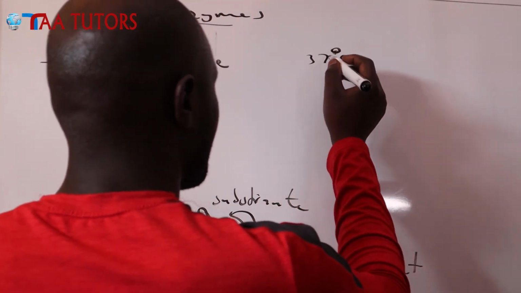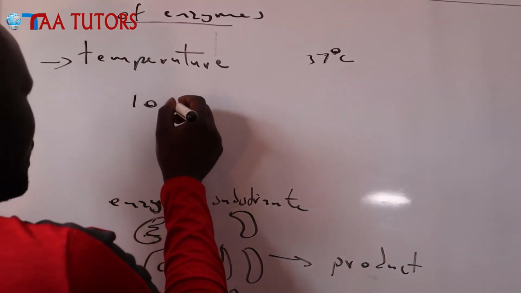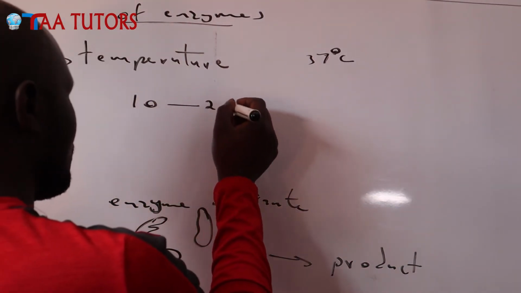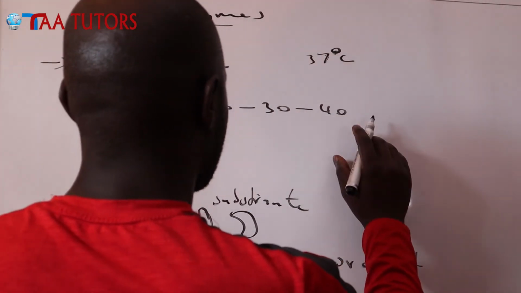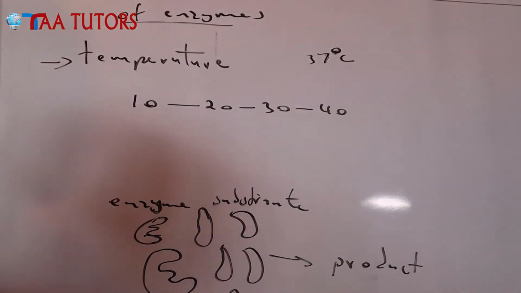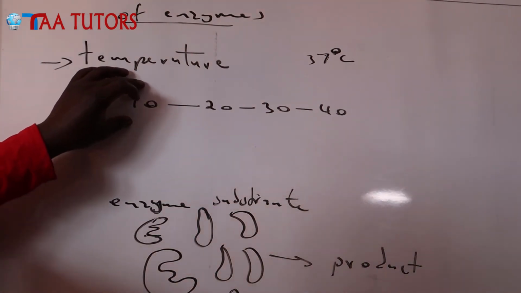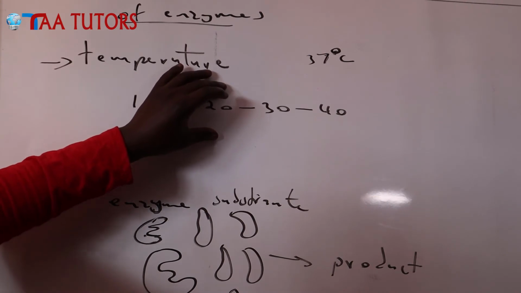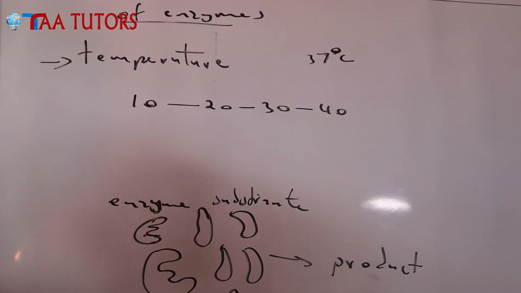So we can have ranges of temperature, like from 10, we can go to 20, 30, 40. Now, do we really think the reaction might be the same at 20? It is not going to be true that way.